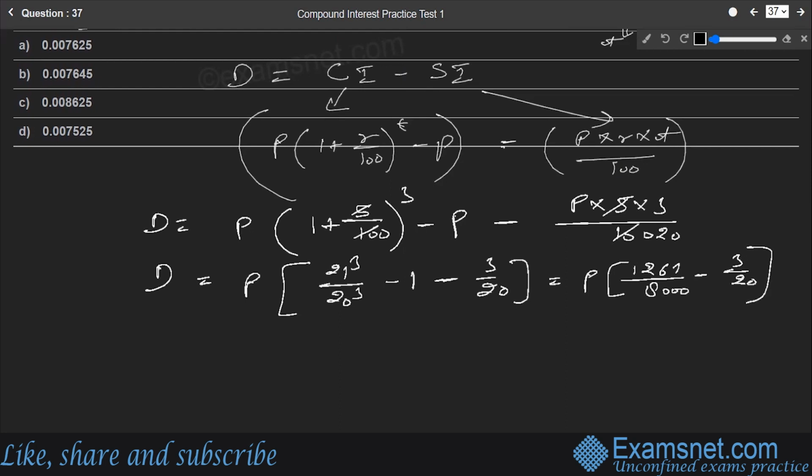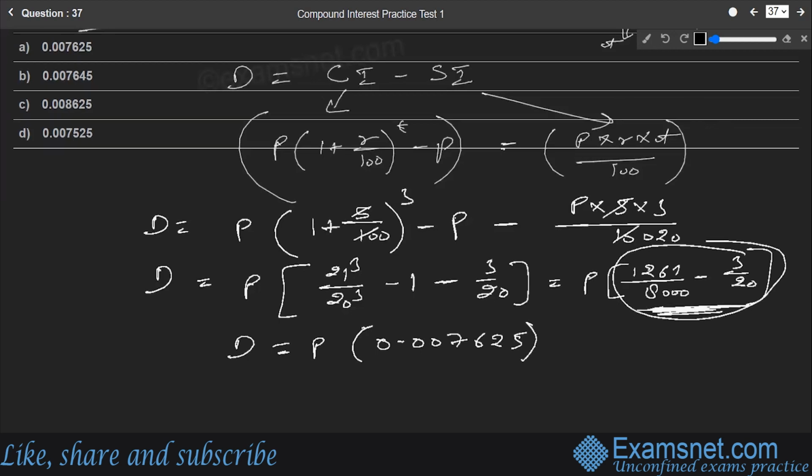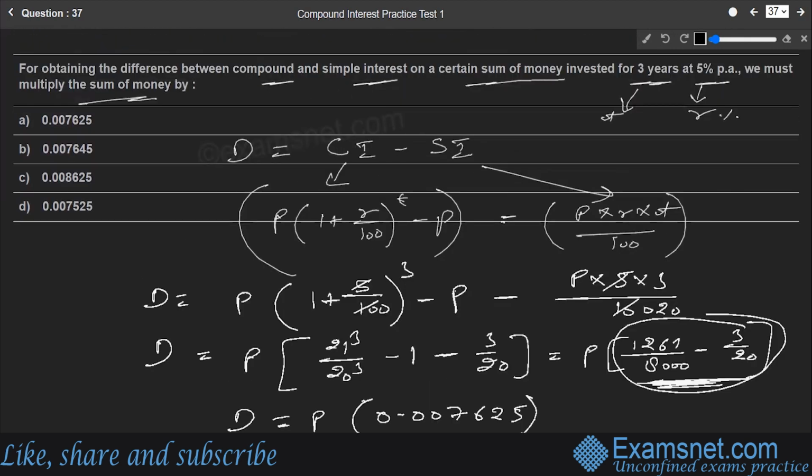So if we solve this particular number, the difference is coming out to be P times 0.007625. This 0.007625 is nothing but the mathematical value of this whole expression. So he has said we must multiply the sum of money by something to find out the difference.